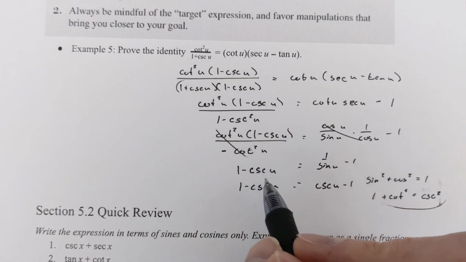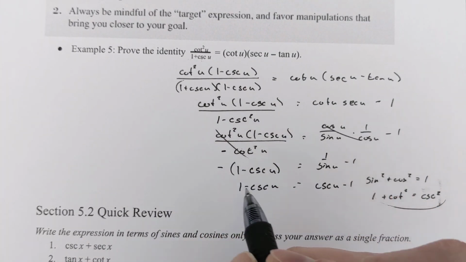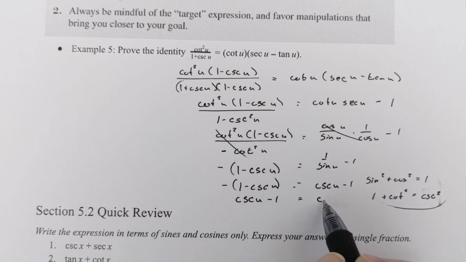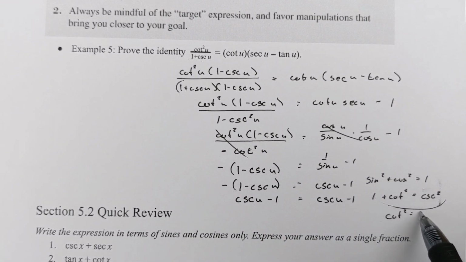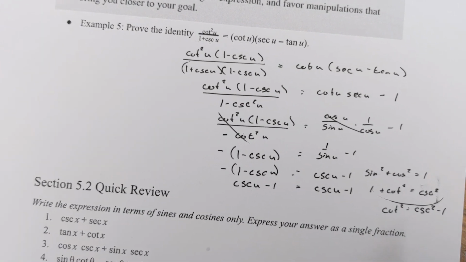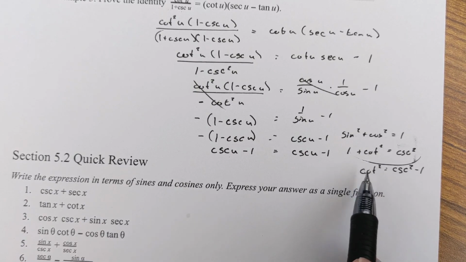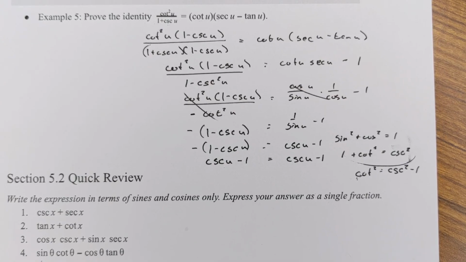So there should be a negative down there, which means there should be a negative sign out front here, which if I distribute the negative, gives me cosecant u minus 1. I used this identity when I shouldn't have, because I have 1 minus cosecant squared, so I have the opposite order here, which means this has to be the opposite. So be careful. That's the end of the section.